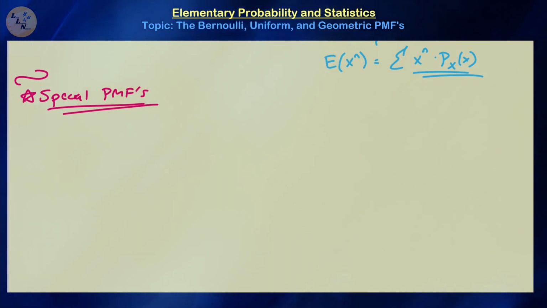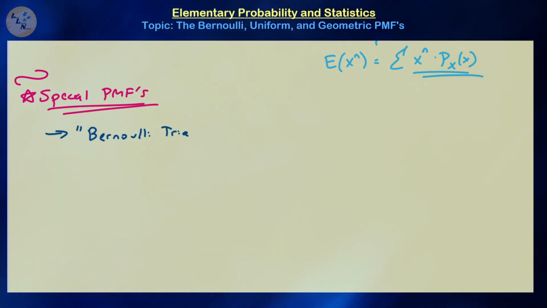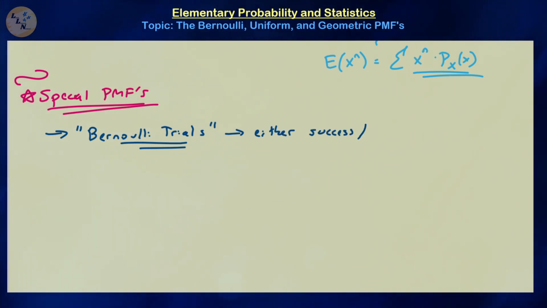So the first concept that we need to understand is, what is a Bernoulli trial? Some people say Bernoulli or Bernoulli, depending on your language interpretation of the name. A Bernoulli trial is one that can be represented as either a success or a failure.